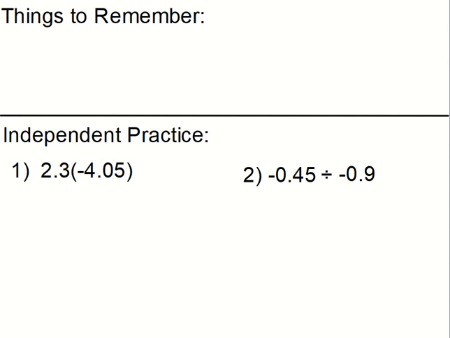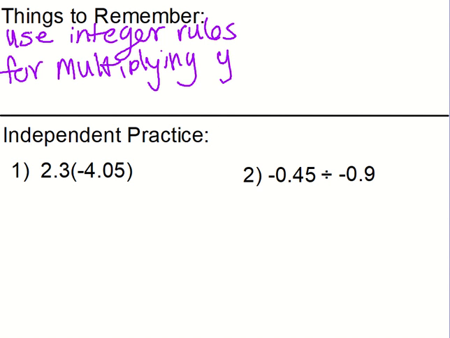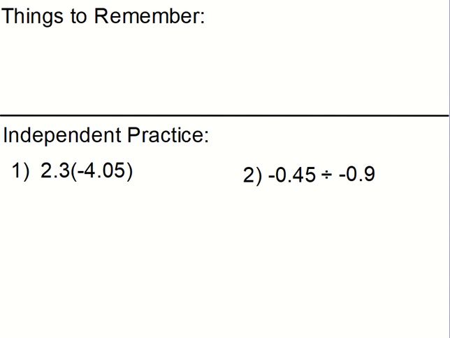So some things to remember: still use your integer rules for those positives and negatives. And also, for multiplying, you don't have to line your decimals up.